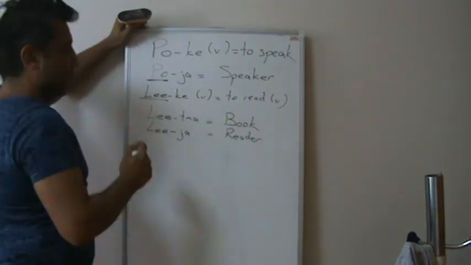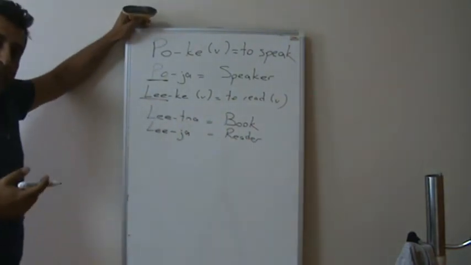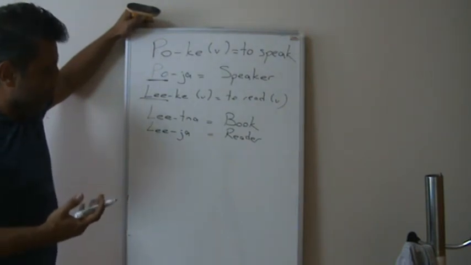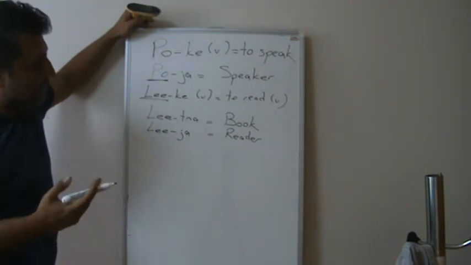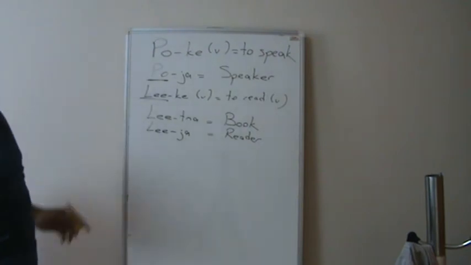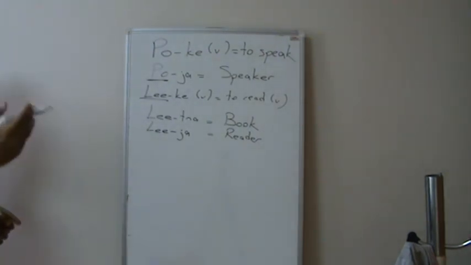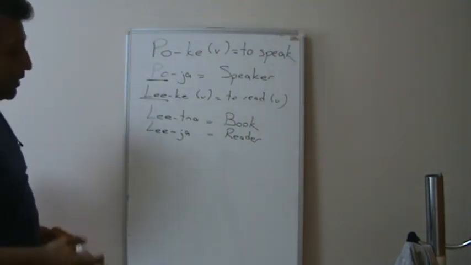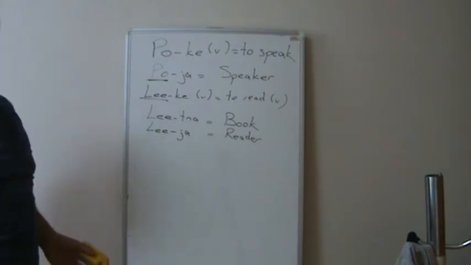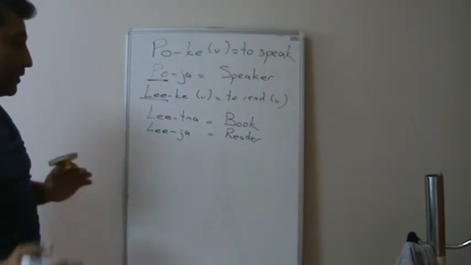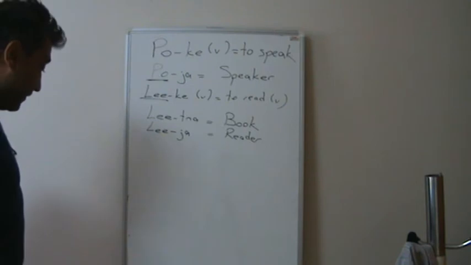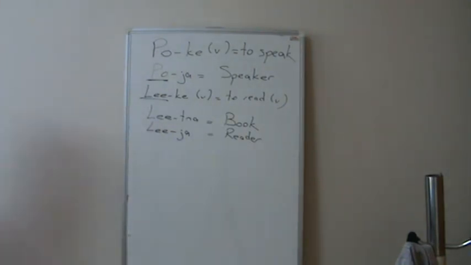Reader. So, as you can see, it's a very rich language in terms of how we derive the nouns and the actions from the verb roots. How do we make the plurals from the singular forms? It has very solid grammar rules.